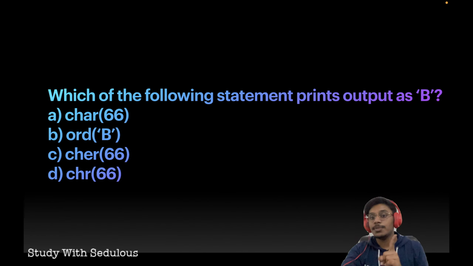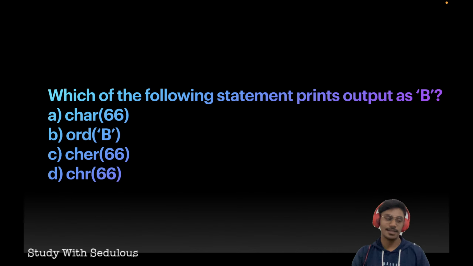Which of the following statements prints output as B? Character 66, or B, chr 66. For this, it's okay, we could know some of the ASCII values, but probably this question won't come. Let's hope it doesn't come, because we don't know CBSE, right?